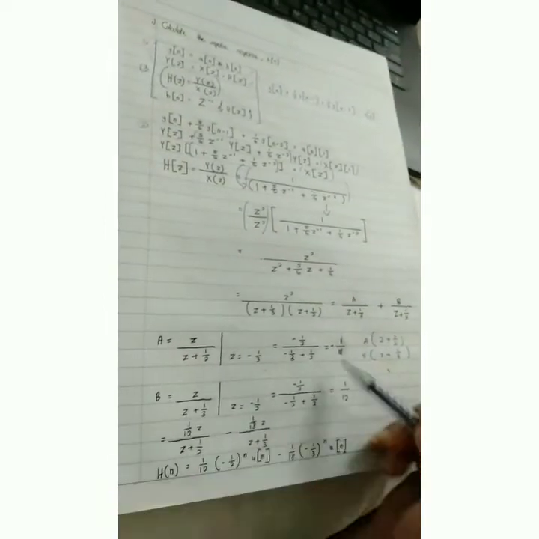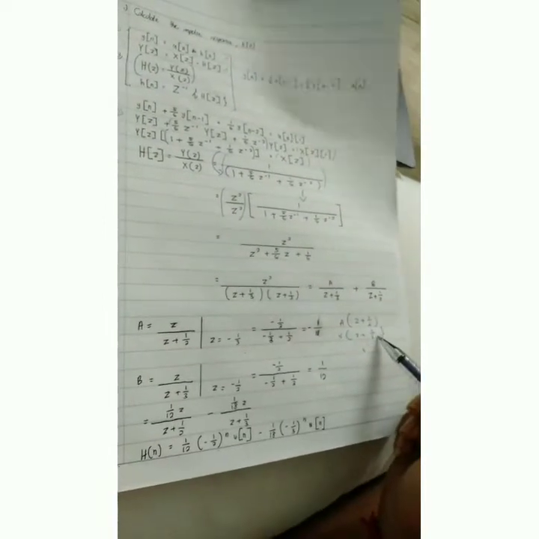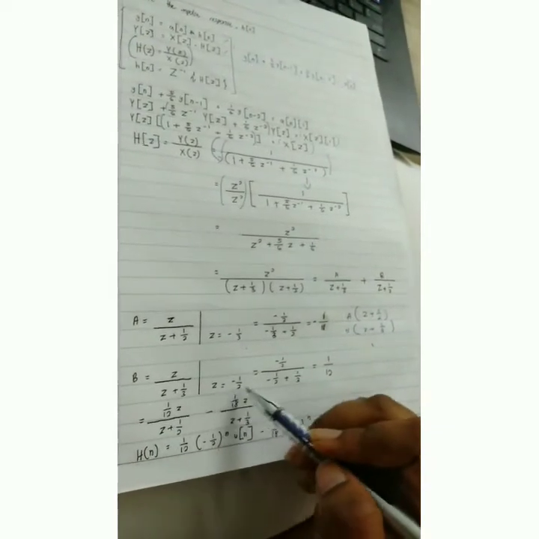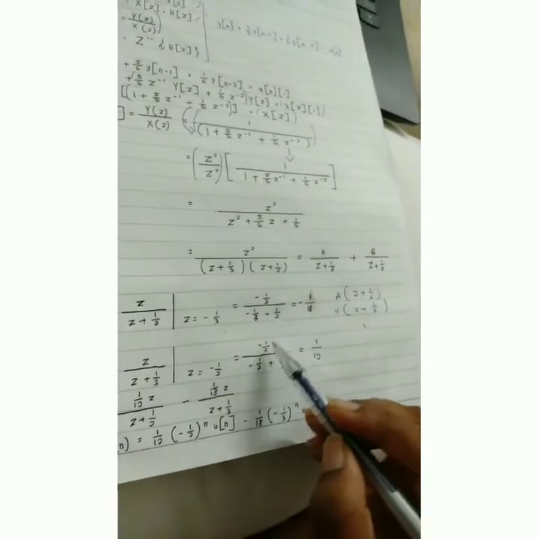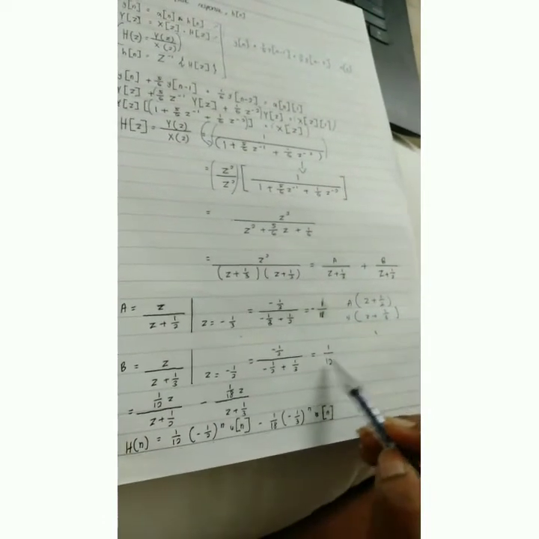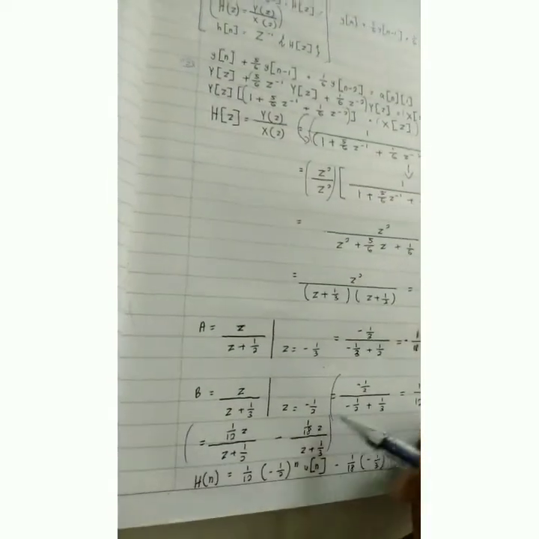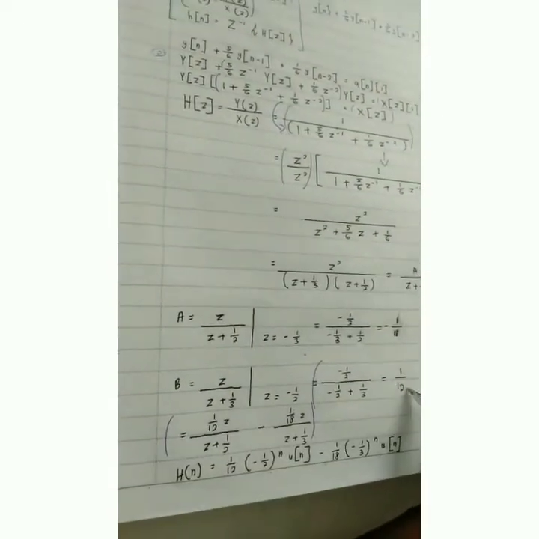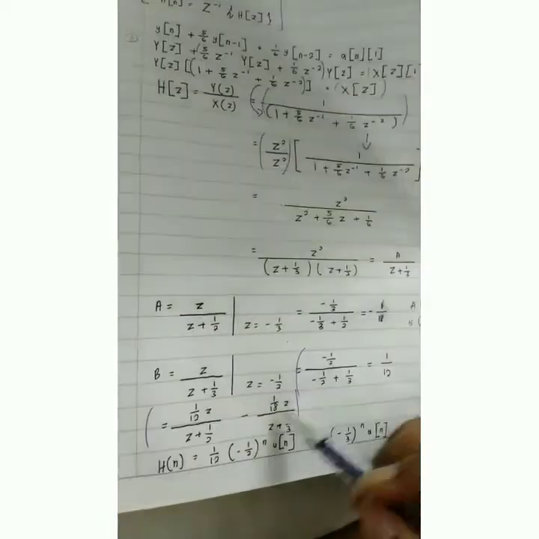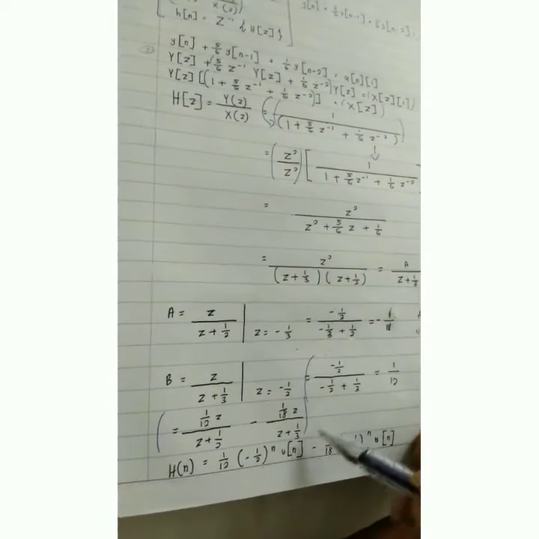Okay, for B the same thing, z over z plus 1 over 3, z equal to negative 1 over 2. Here replace the z: negative 1 over 2 over negative 1 over 2 plus 1 over 3 equal to 1 over 12. The last step is 1 over 12 z over z plus 1 over 2 minus negative 1 over 18 z over z plus 1 over 3.